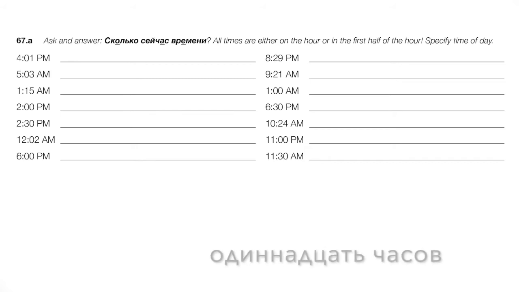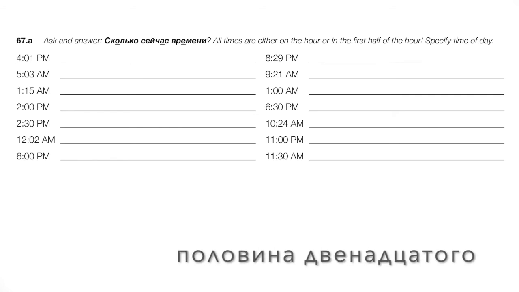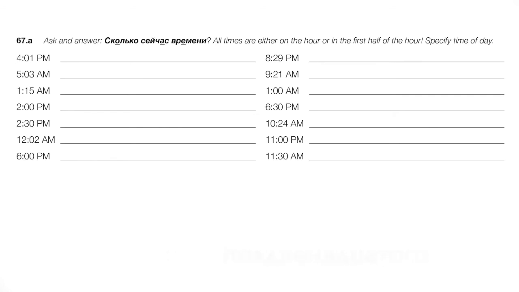That's easy. 11 часов. And here I would probably say вечера, I suppose, but again, we're getting pretty late, but I would still say вечера. Okay, let's see, 11:30 a.m. Половина двенадцатого утра, right? Or полдвенадцатого утра.